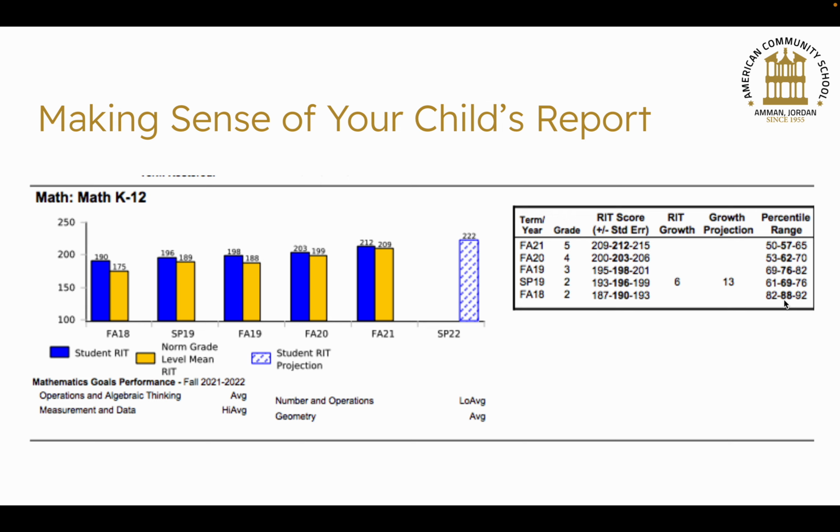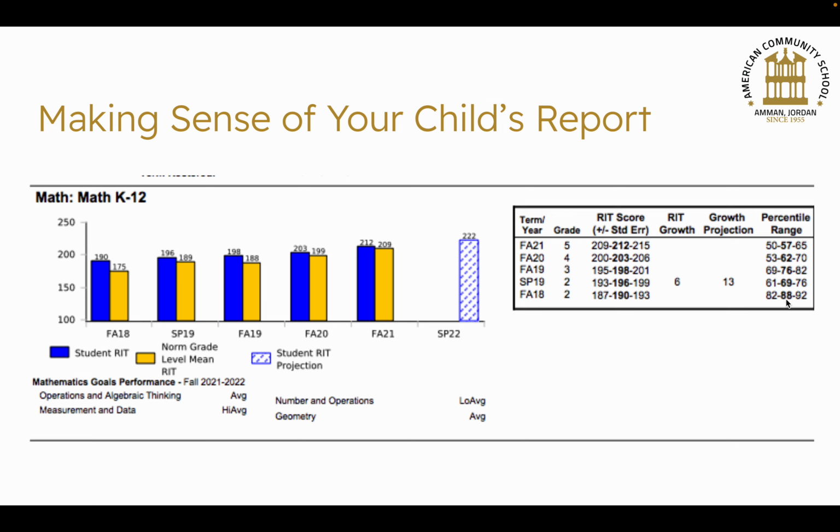The percentile shows that if there were 100 students of your child's age that also took this assessment, in this case, when the child was in second grade, they would have done better than 87 children, and there would have been 12 children that did better than your child.